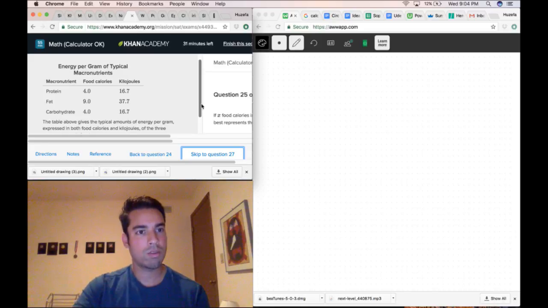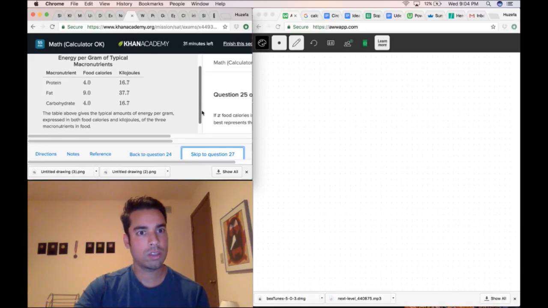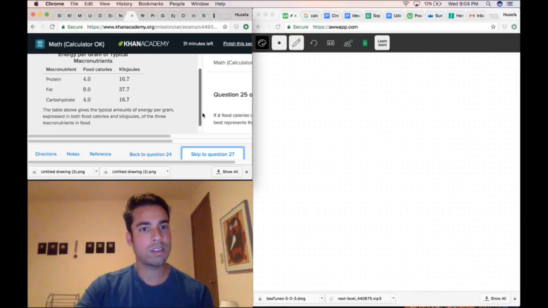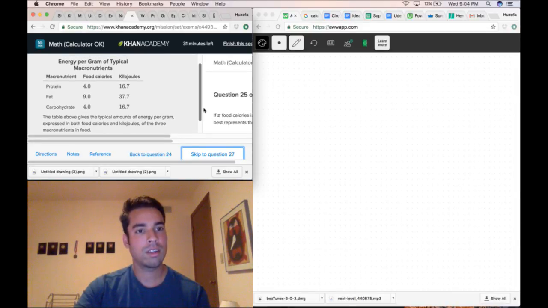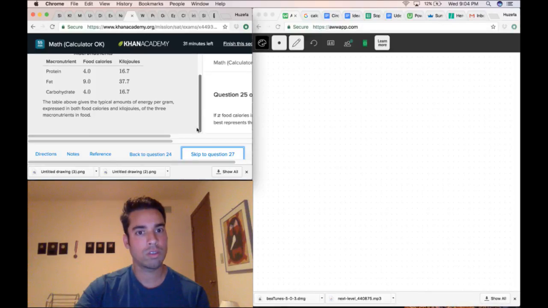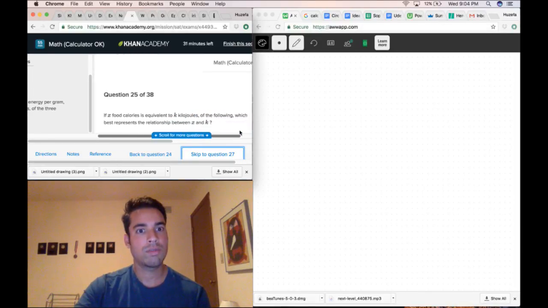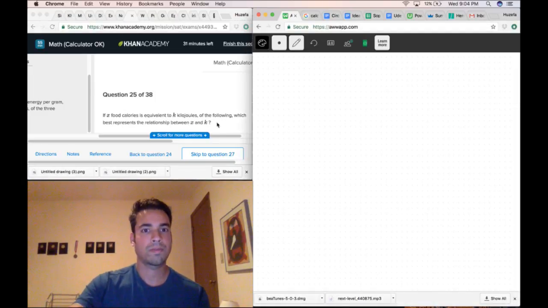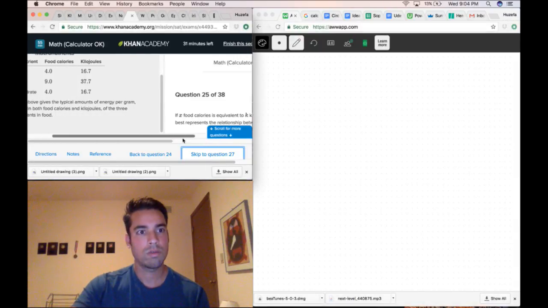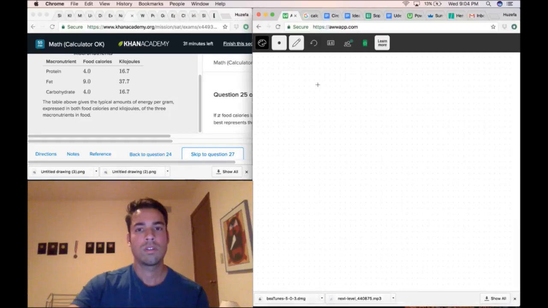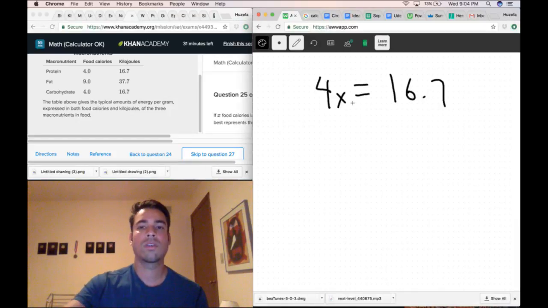Energy per gram of typical macronutrients: protein, fat, carbohydrates, kilojoules. The table above gives the typical amounts of energy per gram expressed in both food calories and kilojoules of the 3 macronutrients. Okay, cool. If X food calories is equivalent to K kilojoules, that represents the relationship between X and K. So 4 equals 16.7, I mean, 4 times some factor.